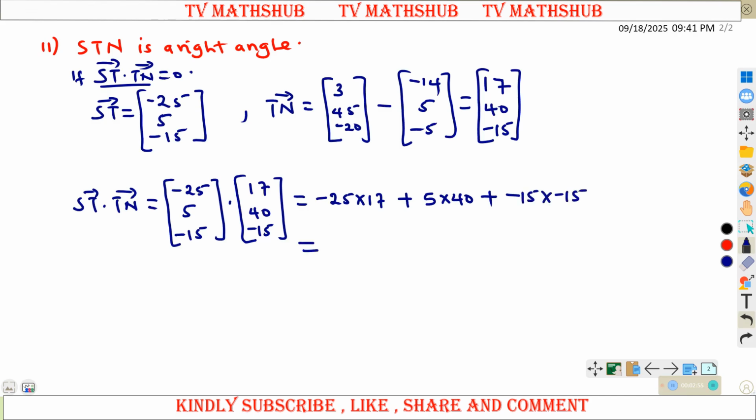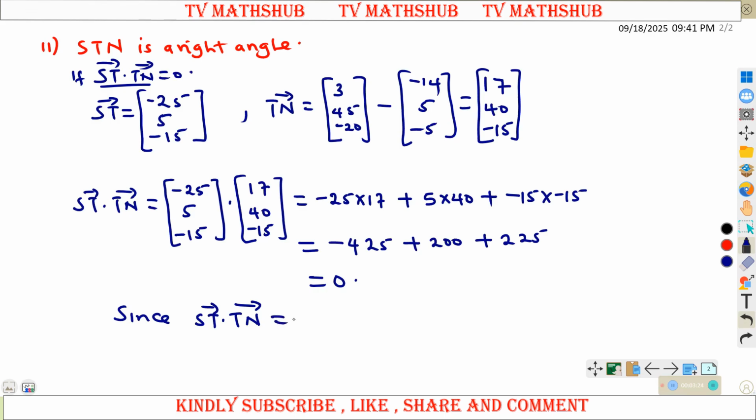So when we do that, we shall be able to get negative 425. This is 200, and this one here is 225. So when we add all these together, we shall be able to get 0. So clearly, since St dot Tn is equal to 0, then we can confirm that actually STN is a right angle.